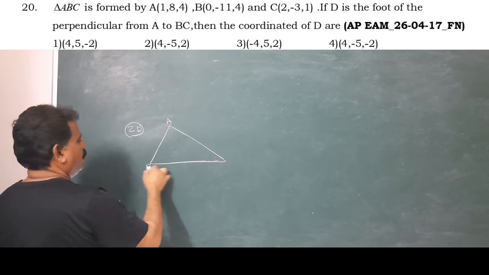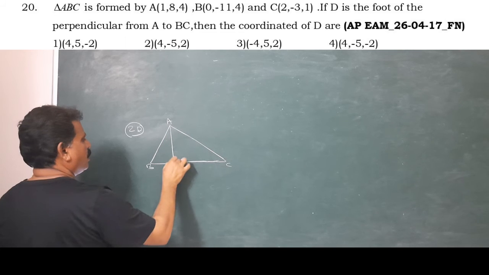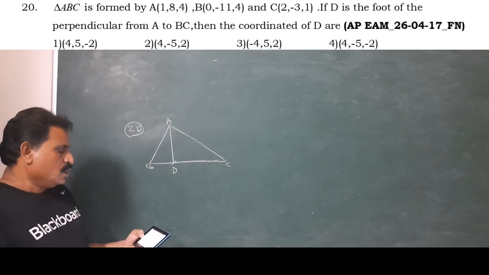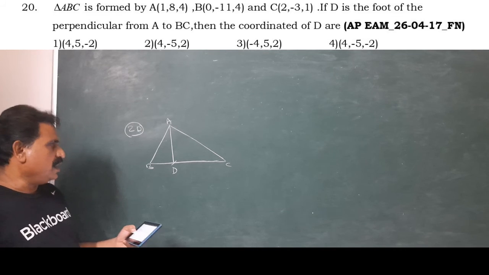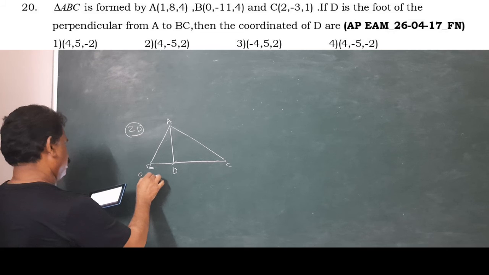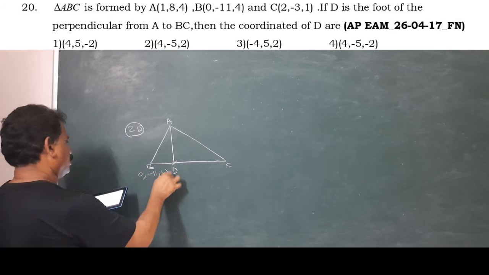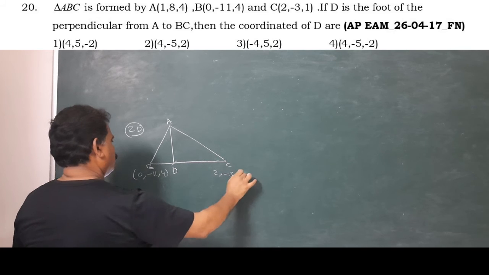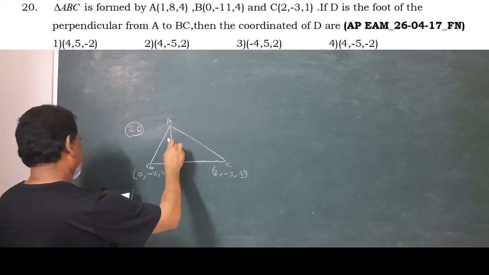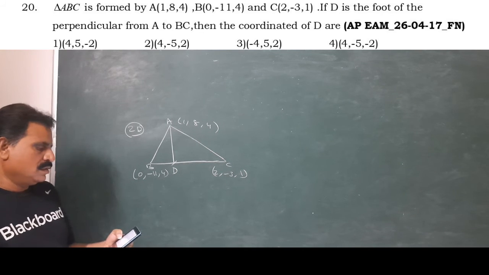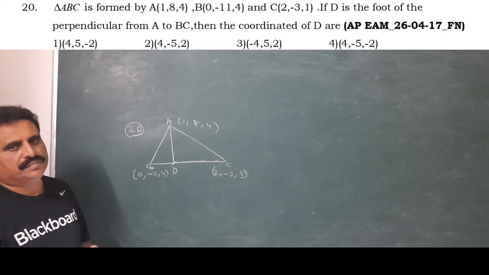We want the coordinates of D. Here B is 0, minus 11, 4, C is 2, 3, 2 minus 3, 1, and A is given as 1, 8, 4.